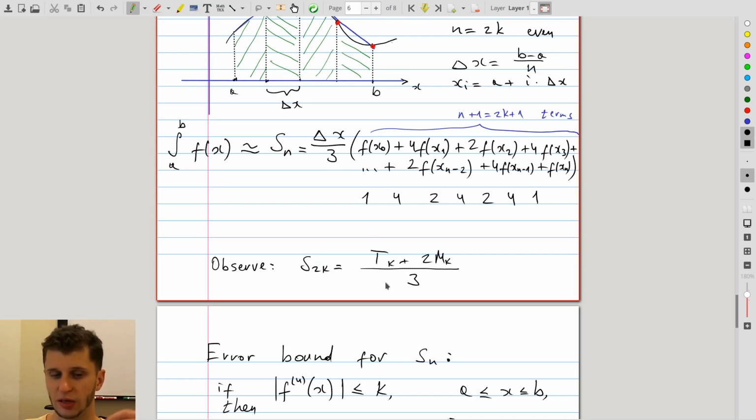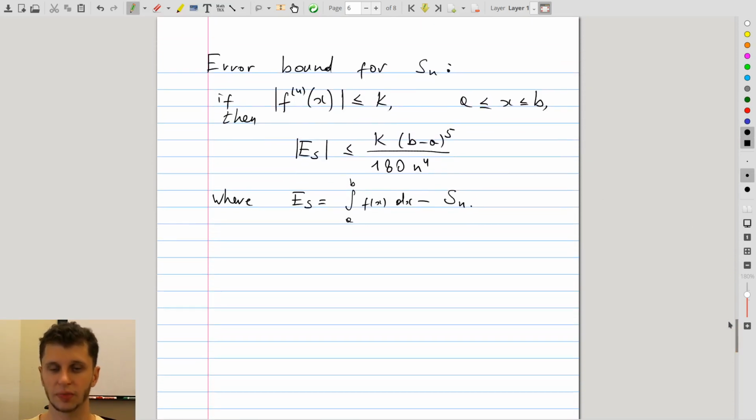Now, as I explained earlier, what it implies already is that Simpson's rule, approximating the integral with the nth Simpson sum, is going to be much more precise than the two previous integration rules. And that is indeed the case, as can be seen from this error bound for Simpson's rule. It says you have some control on the fourth derivative of f. This superscript 4 in parentheses denotes the fourth derivative.